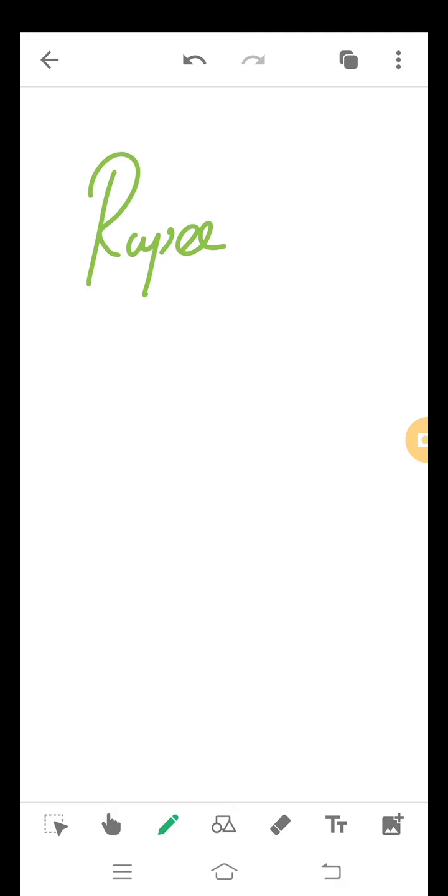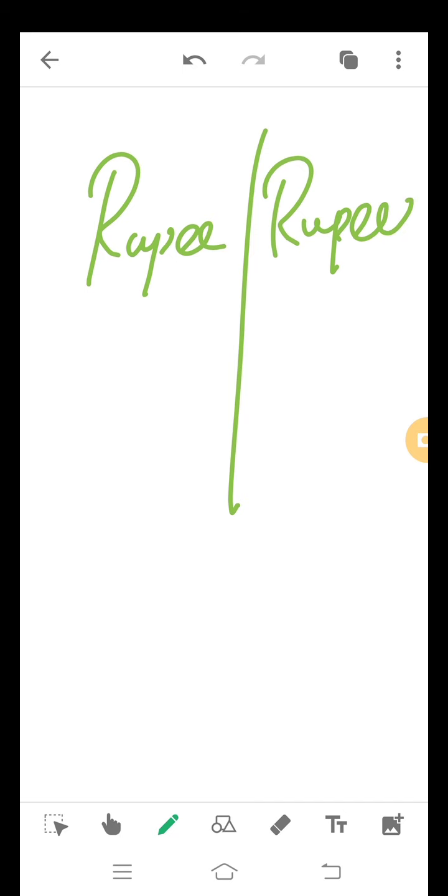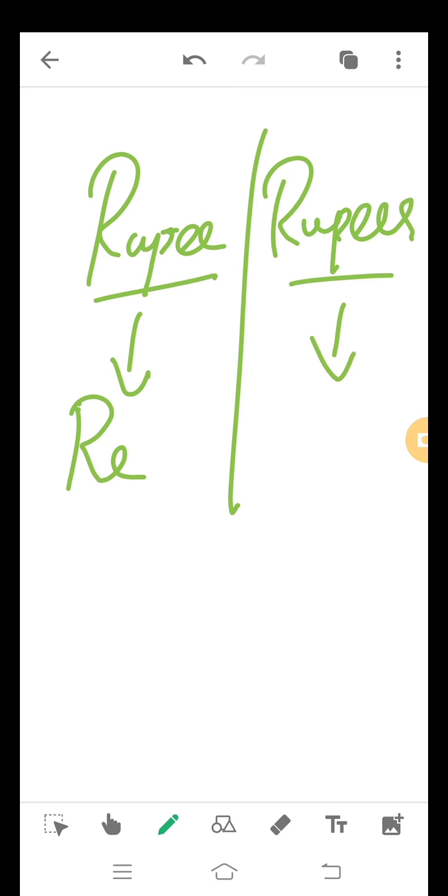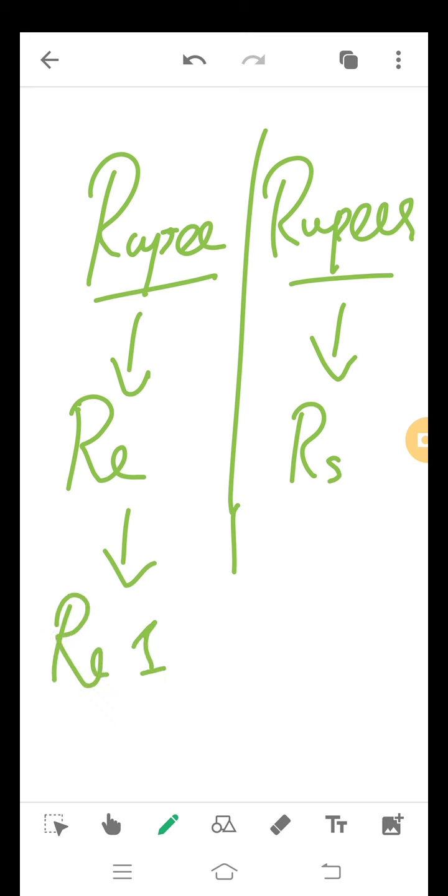What's the difference between rupee and rupees? This is note number 3. Rupee is the singular form. Rupees is the plural form. For example, 1 rupee. How will you mention it? RE 1. The short form of rupee is RE. The short form of rupees is RS.